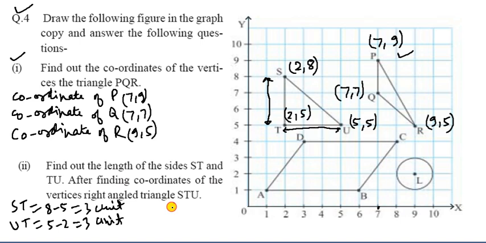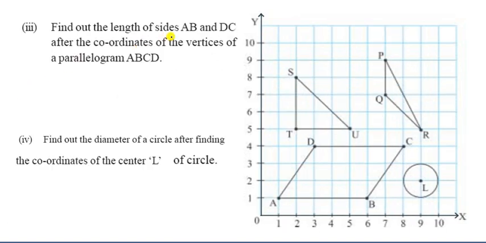So first is 2 and the second one is 5. And U, the first one is 5 and the second one is also 5, so you have to write 5, 5. So here S is 2, 8 and T is 2, 5 and last U is 5, 5. So you have to write this type of coordinates.